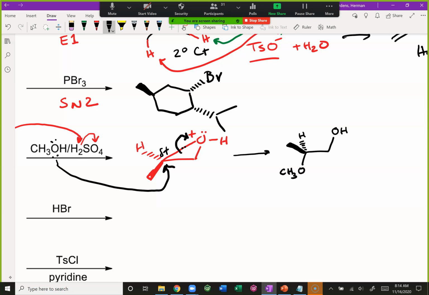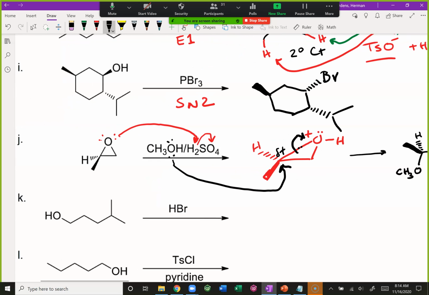All right, so what kind of reaction is this? Ring opening of an epoxide. Also, is it SN2 or SN2 borderline?